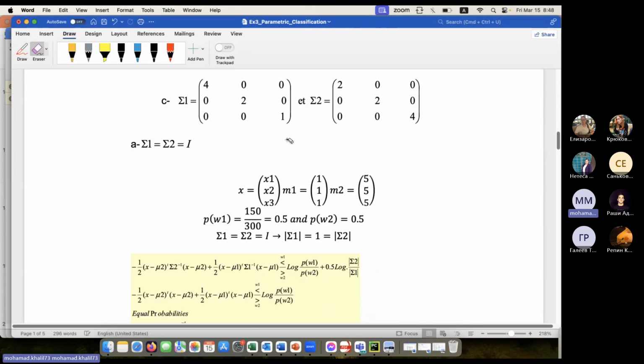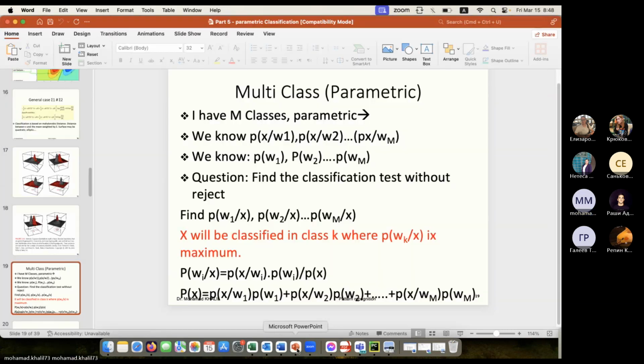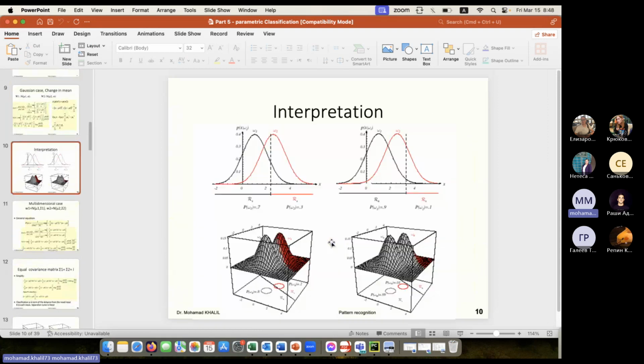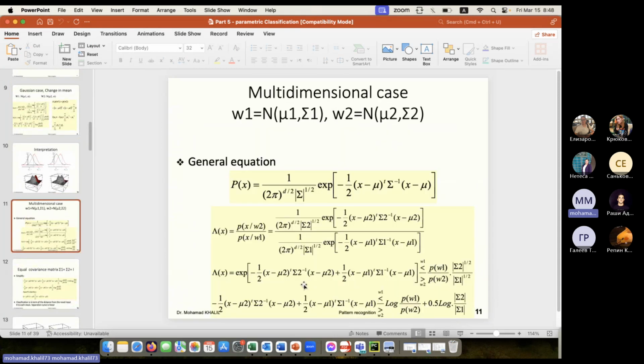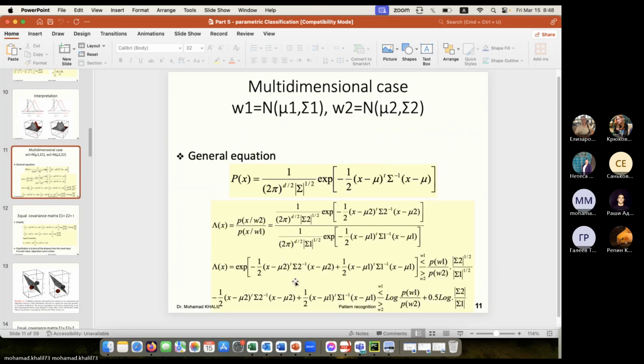Sigma 1 equals sigma 2 equals I. Look at what is in the class here. We have this equation. This is the general equation. When you have the general case, you have to take this equation.